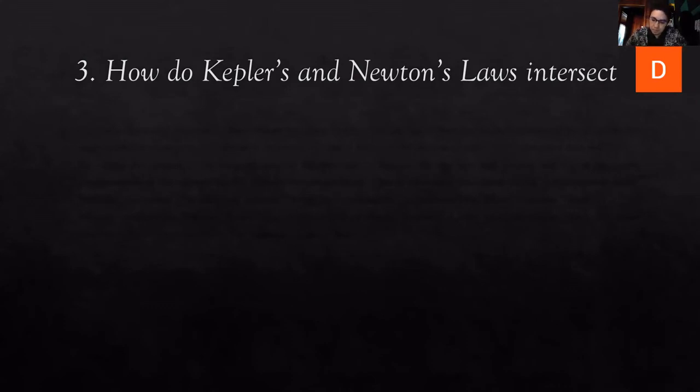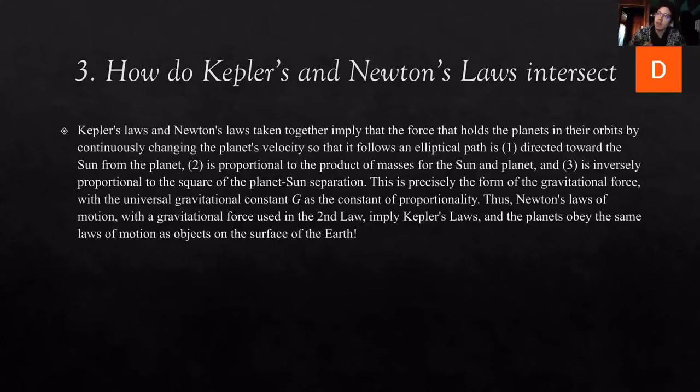All right. So now that you have had a chance to do that, here's a long-winded explanation that we're going to go through. Kepler's laws and Newton's laws, taken together, imply that a force that holds the planets in their orbits by continuously changing the planet's velocity so that it follows an elliptical path is one, directed towards the sun from the planet, two, proportional to the product of masses for the sun and planet, and three, inversely proportional to the square of the planet-sun separation.